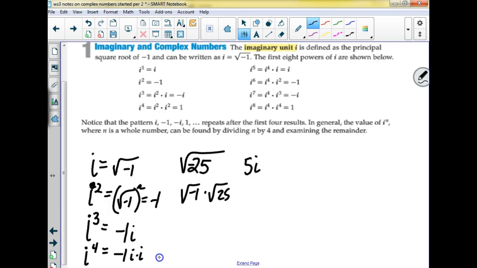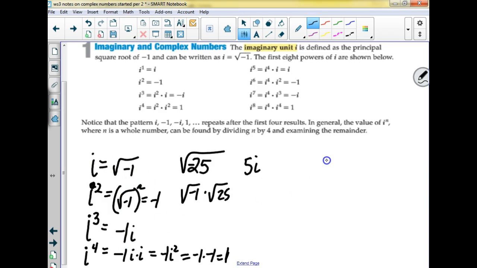So what would that give us? I squared times -1. And I squared is, told me up here it was -1, so we'd have -1 times -1, which is 1. All right, powers of I, those are the only 4 answers you can get.